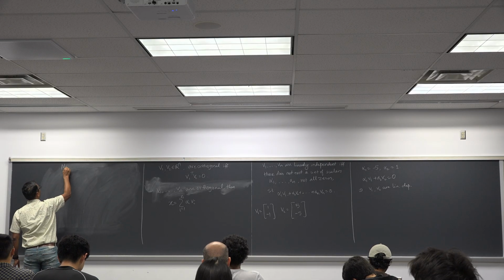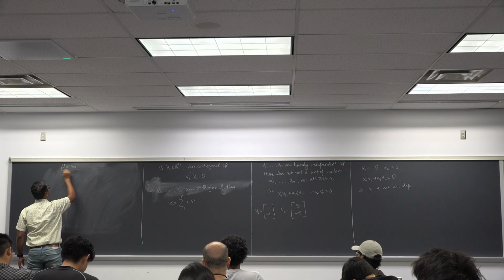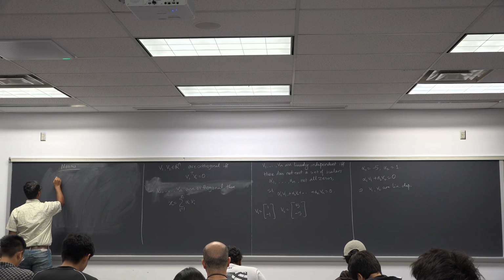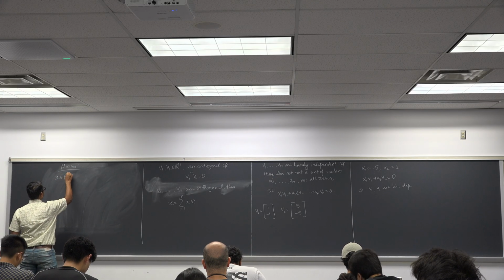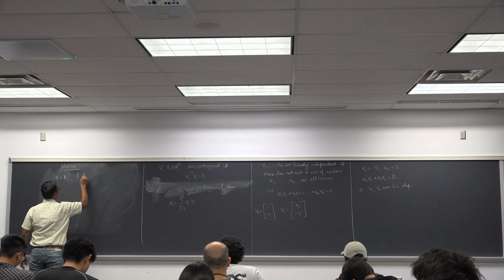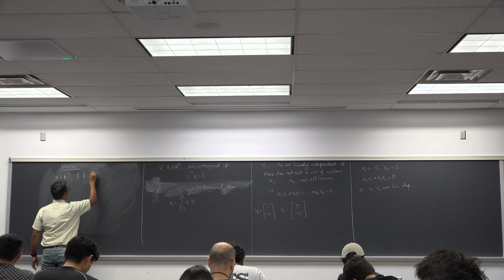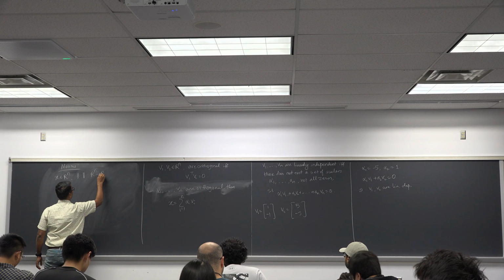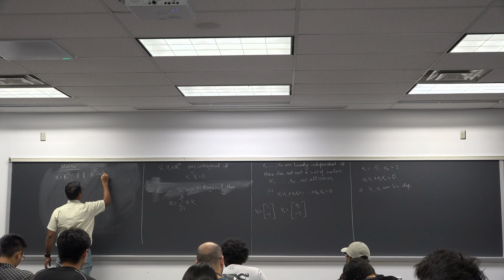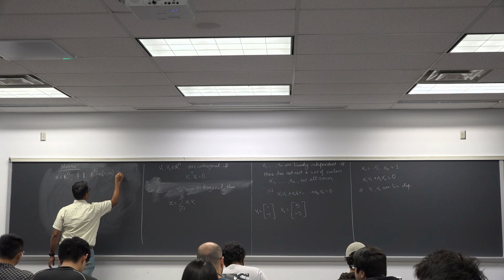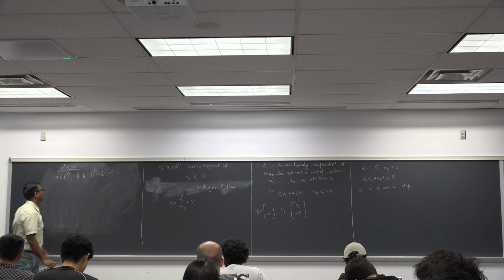Let's talk about norms. So I have a vector x in Rn. Then this is a mapping from Rn to R, or I should say 0 to infinity, and this is known as a norm.